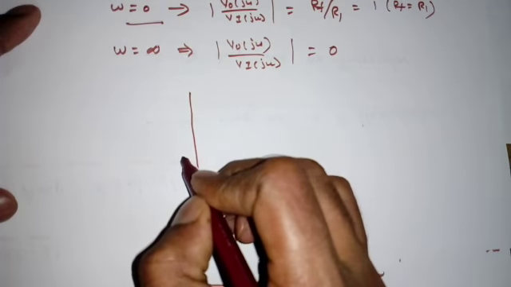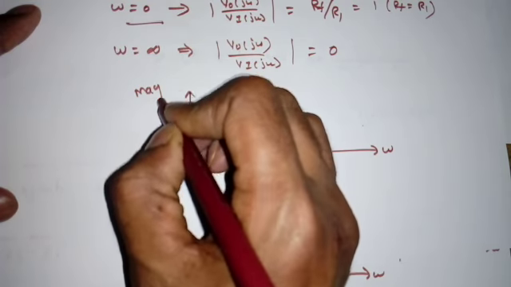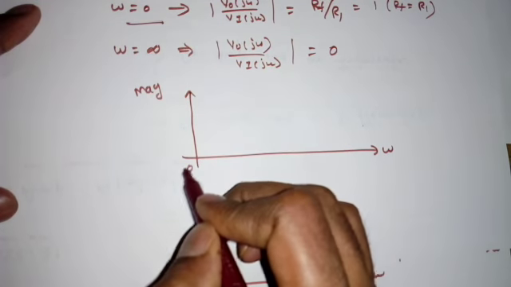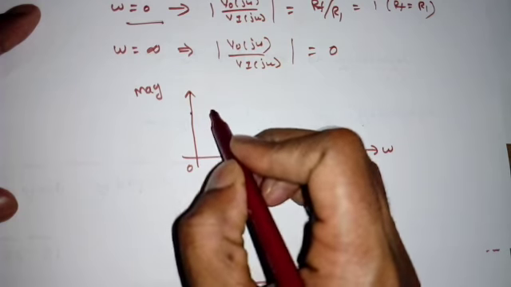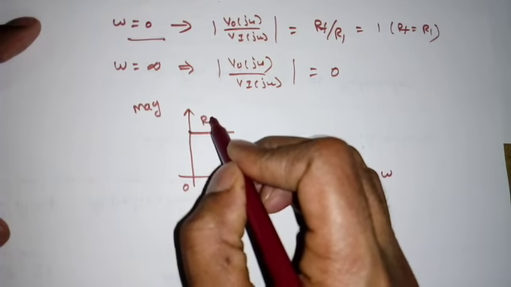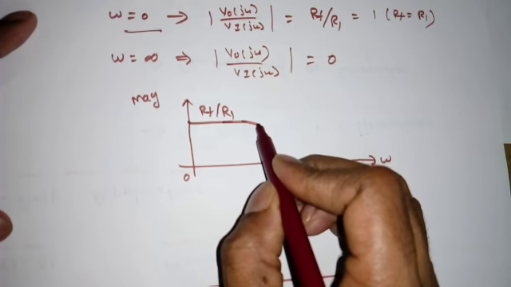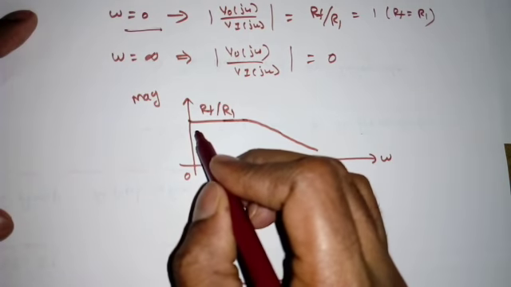So when we draw the frequency response with respect to omega, this is the magnitude. At omega equal to 0, we got RF by R1, and if I assume RF equal to R1, it will be 1. As the frequency increases, the gain falls.